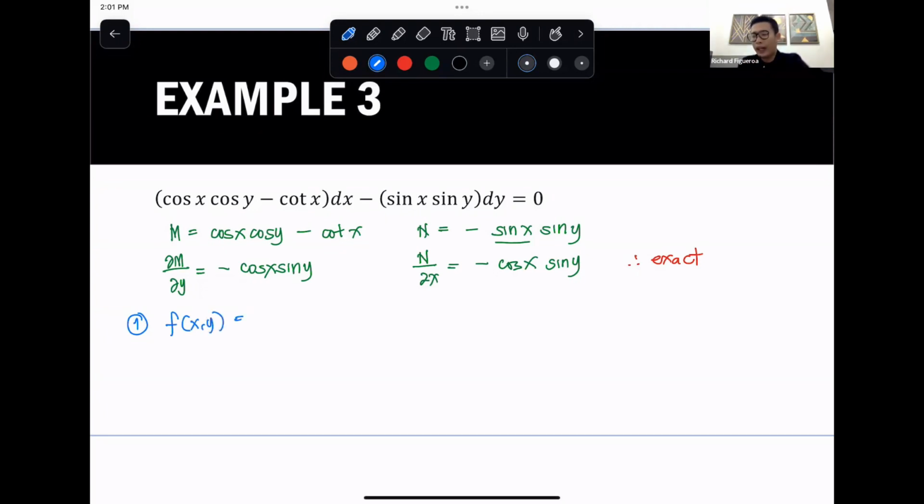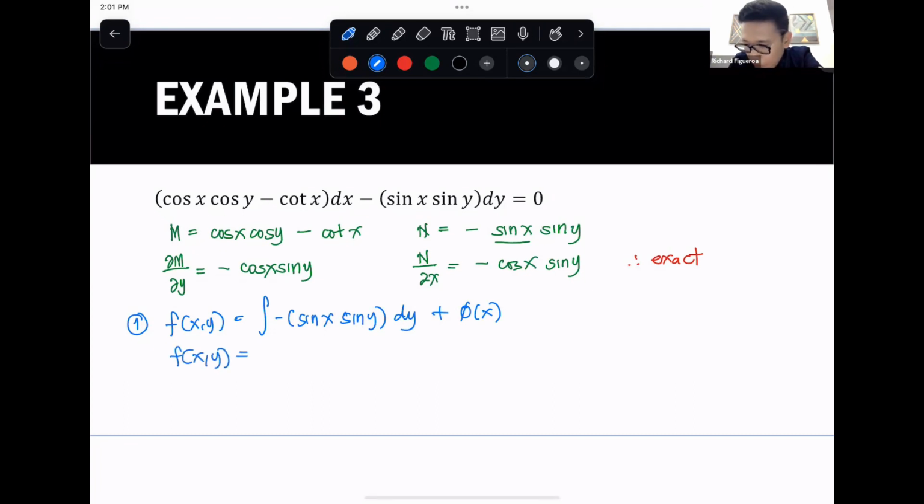So f of xy, since n function nito, is the integral of negative sine x sine y dy, plus p of x, since dy yun, no? So f of xy then, move out lang natin yung constant, that is negative sine x.